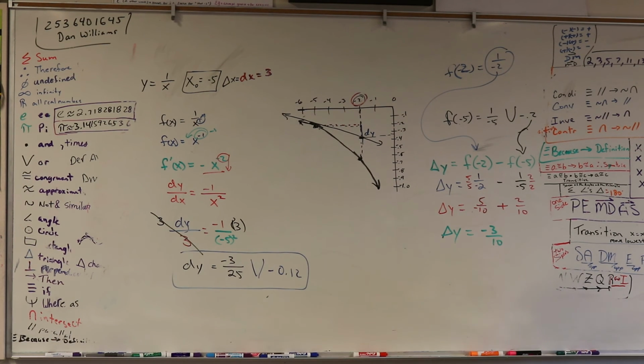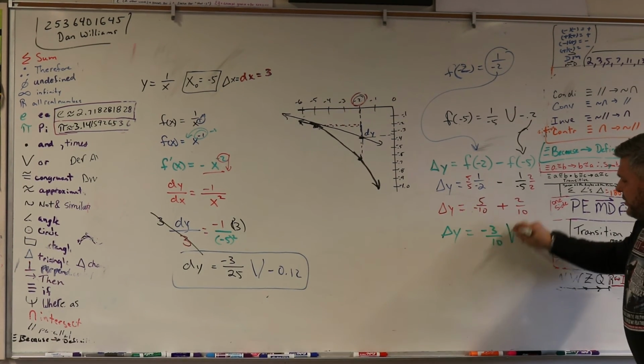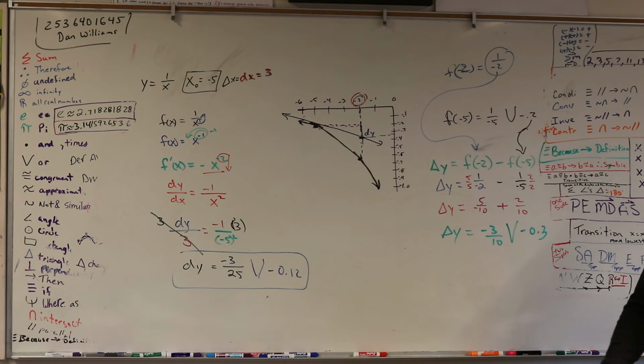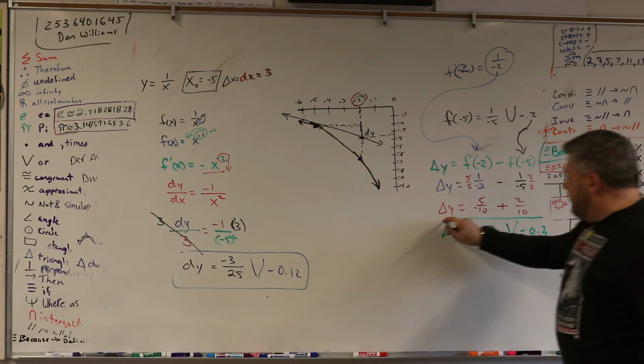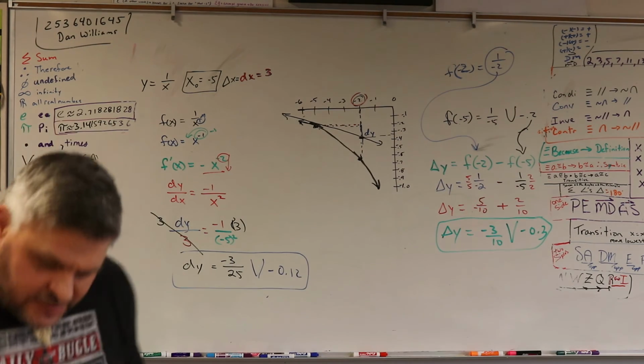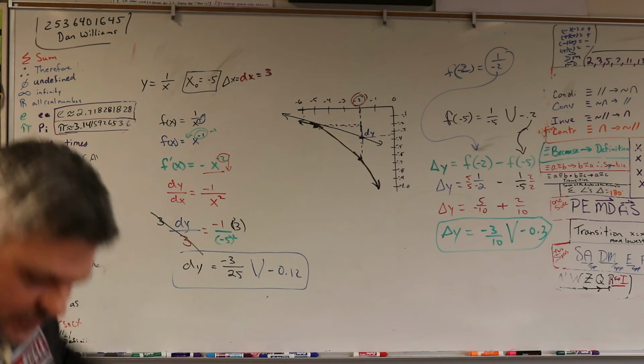And that's delta y. Now another way we could write that is negative 0.3, right? And then if we check, hopefully this time we did it right the first time.